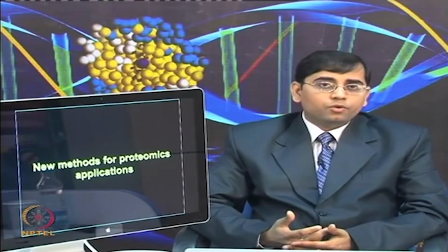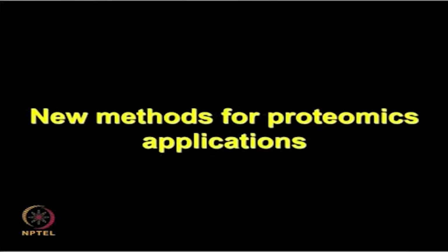But I will still try to teach you other gel based methods which can be employed to study the proteome. Based on these gel based methods, there are new methods which have emerged for different proteomic applications. The conventional or traditional methods of two-dimensional electrophoresis and SDS PAGE we have talked about in detail.